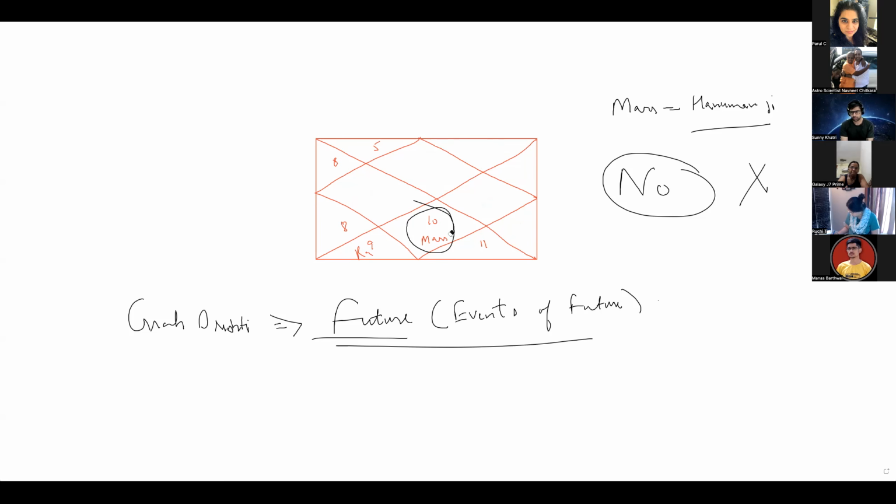Why I'm saying this is because, let me make a chart for you and tell you something which you have never observed. I'm going to make a Kal Purush Kundli, Mesh Lagna, 1, 2, 3, 4, 5, 6, 7, 8, 9, 10, 11, 12.